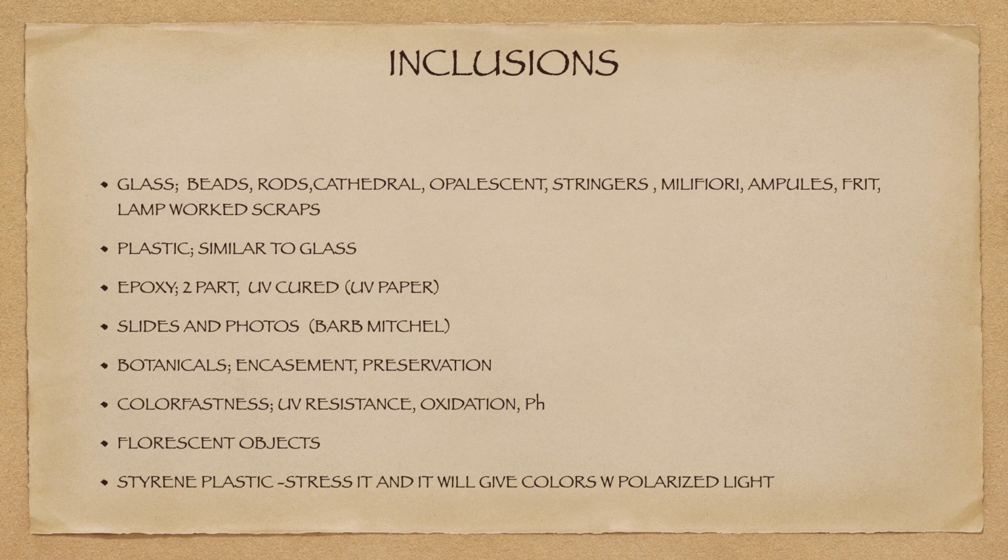Styrene plastic in particular, and certain types of tapes like Scotch tape, tend to have a feature where, when placed in polarized light, will give a rainbow effect and give different patterns of color.